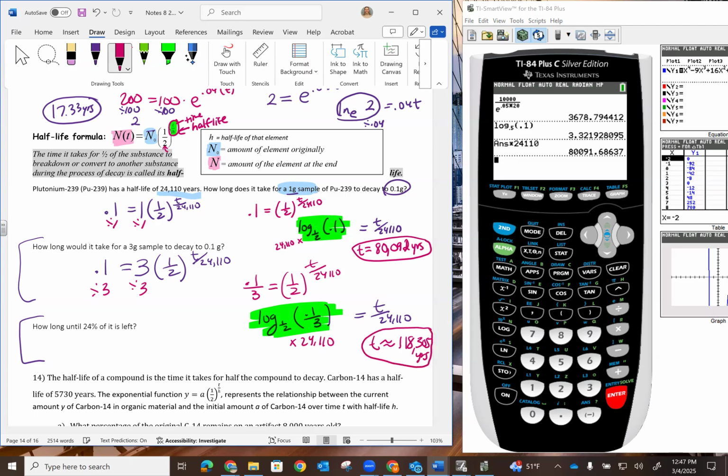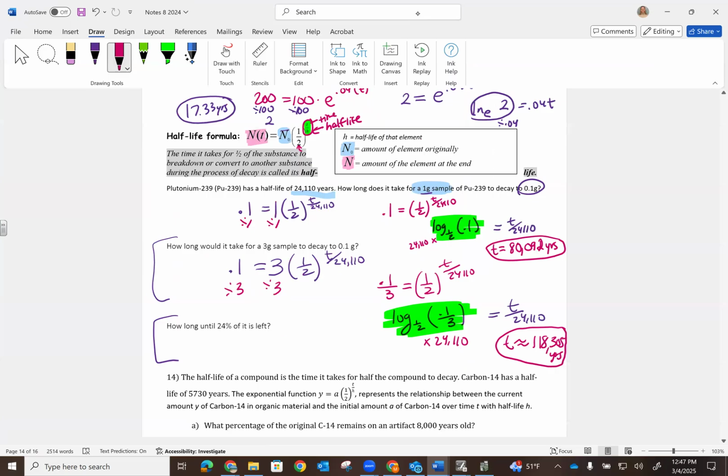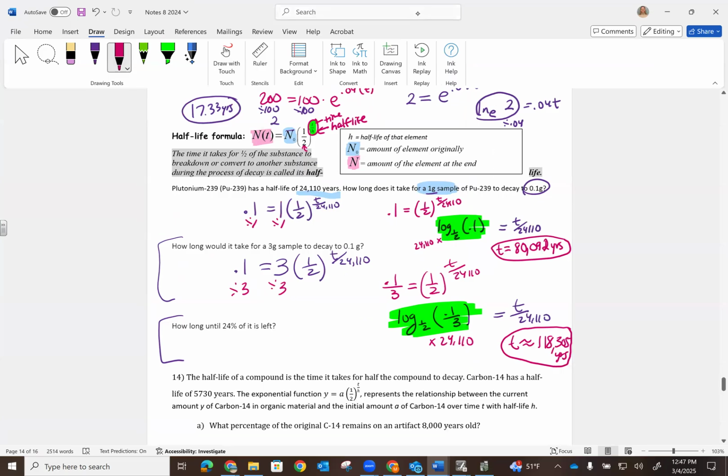If you don't want to type in that next one to your calculator, that's completely fine. I just want you to get the gist of how you'd set it up. And then I do think that next one, how long until 24% is left, is actually a good question to talk about because it's weird.